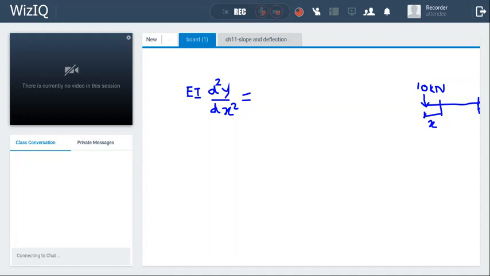So this value will be minus 10 into x. And then we can integrate this equation. So we can say that d2y by dx2 is equal to minus 10x upon EI, this whole thing.